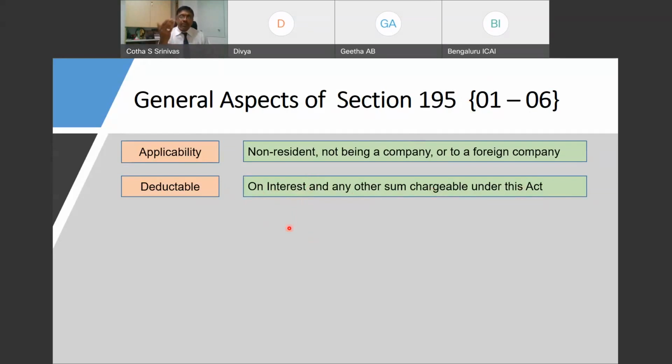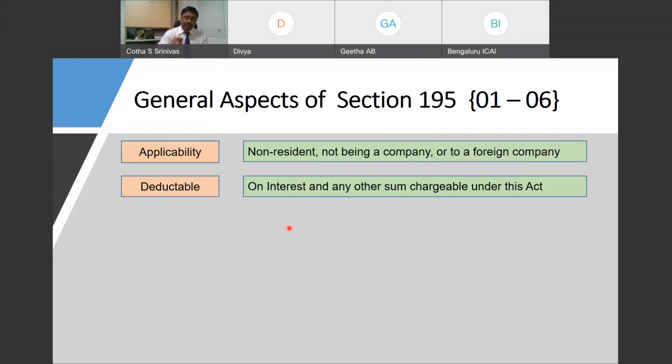Then we should move on to section 5, which talks about the scope of total income. Then we have to go to section 9, which talks about income deemed to accrue or arise in India with respect to a non-resident. Then we should also see section 14, which talks about heads of income. There are 5 heads of income, that is income from salary, house property, business or profession, capital gains and other sources. Whatever is chargeable to tax under this Act means under the Income Tax Act 1961.